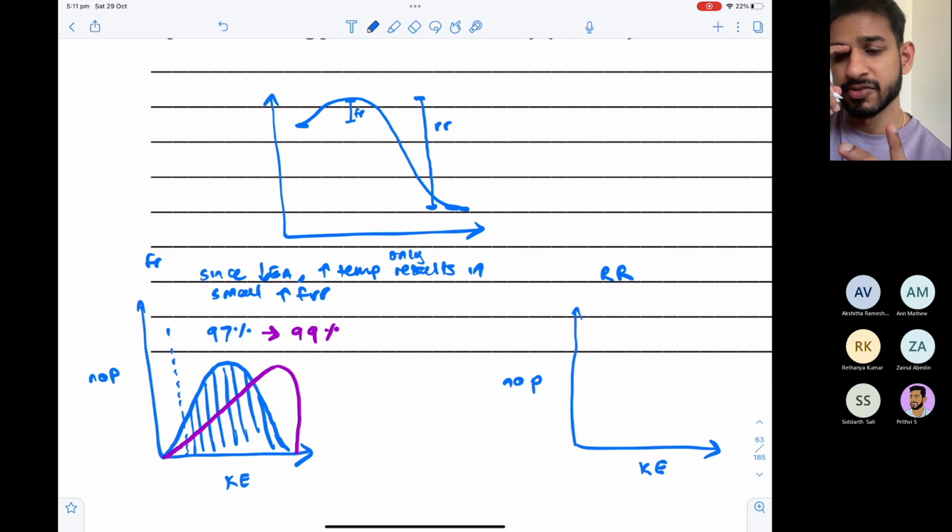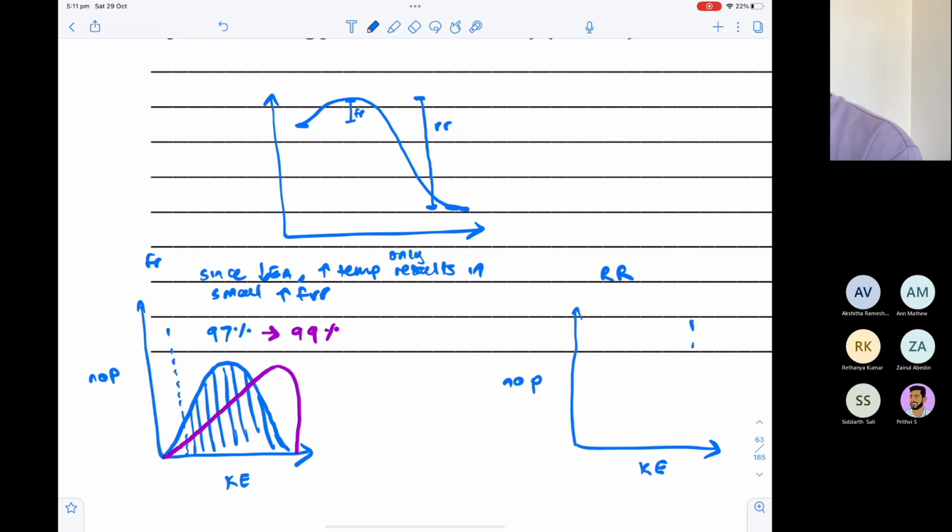Okay, does that make sense so far? Yes? Yeah, I kind of get where you're going with. Whereas if we look at the reverse reaction rate, the activation energy is going to be all the way here. If we look at the graph now, right, initially, only about 1 or 2% of particles are engaging in a successful collision, the area under the curve, right?